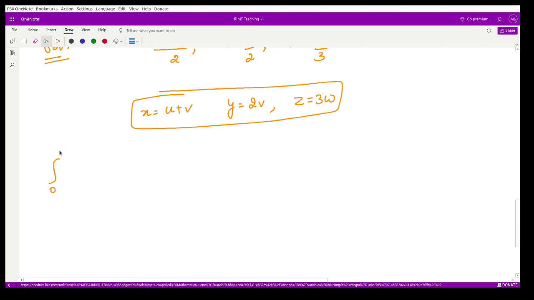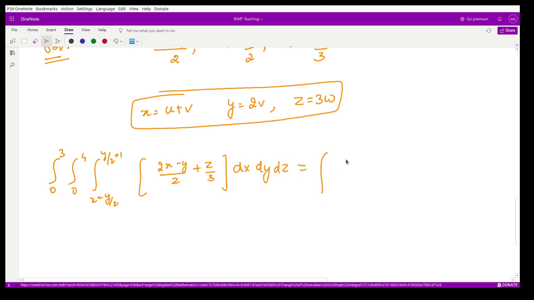The given integral is 0 to 3, 0 to 4, x varying from y by 2 to y by 2 plus 1 of the function 2x minus y by 2 plus z by 3 dx, dy, dz.